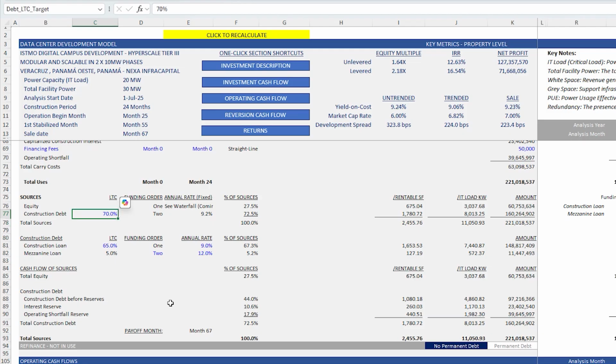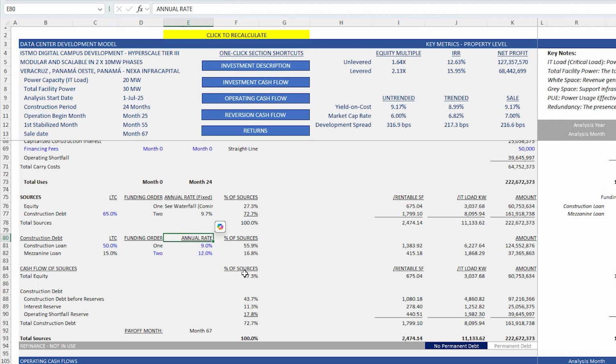Let's say that this was at 65%, then you could set this, say, to 60 to 50, and the proportion allocated to the secondary is automatically calculated. You also have the option to choose whether those 2 fund at the same time, or if the construction debt funds first and then mezz comes in second.